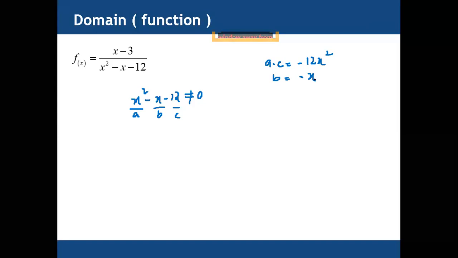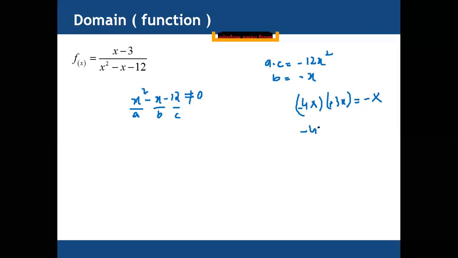These are actually 4x and minus 3x. Yes, excellent. Sorry, this one is minus 4x plus 3x. So minus 4x plus 3x is equal to minus x.